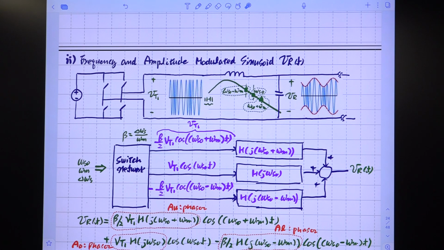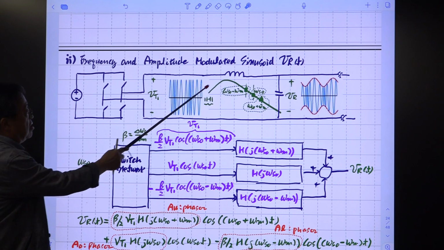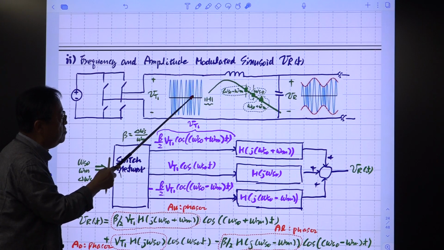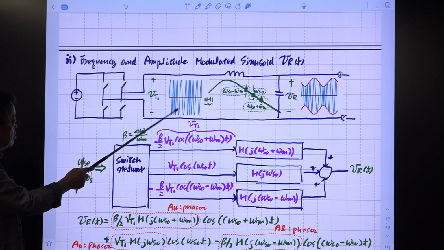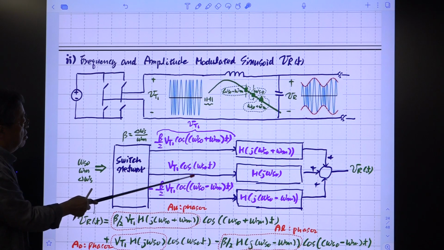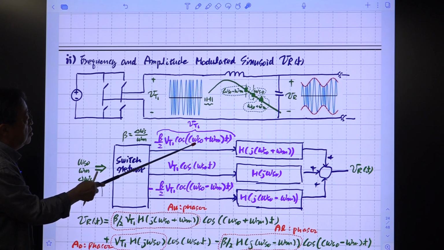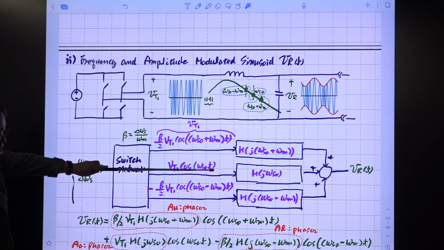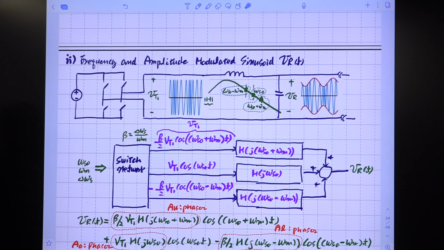This is our situation: we have this tank transfer function, and we have this frequency-modulated sinusoidal waveform, but we only consider 3 components: VT1, the unmodulated switching frequency plus modulation frequency, and the unmodulated switching frequency minus modulation frequency.